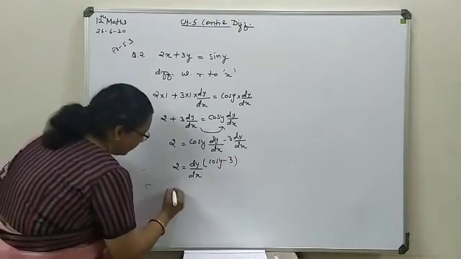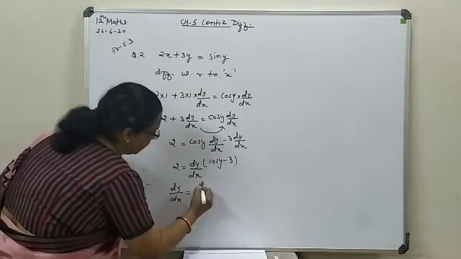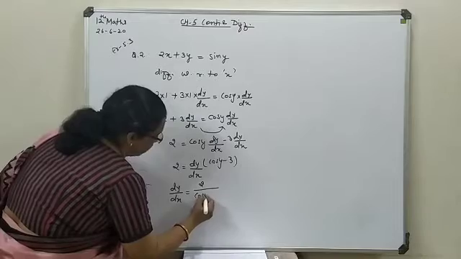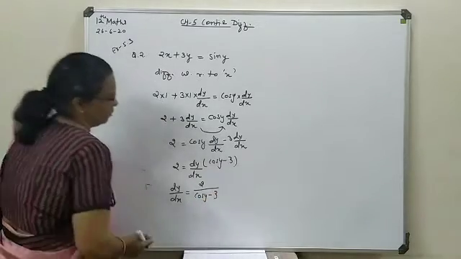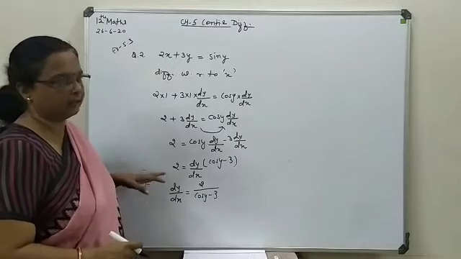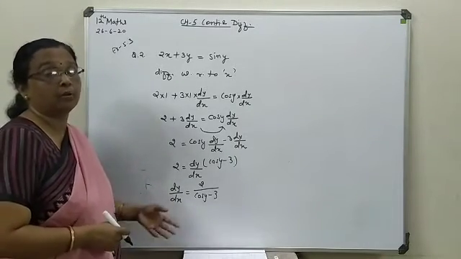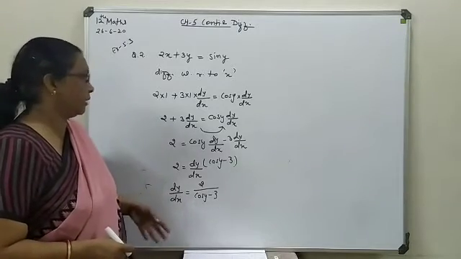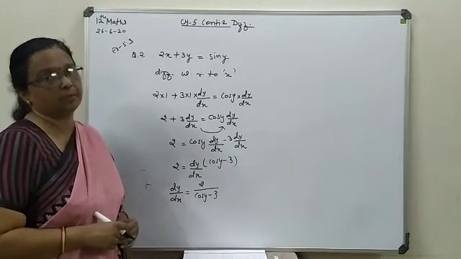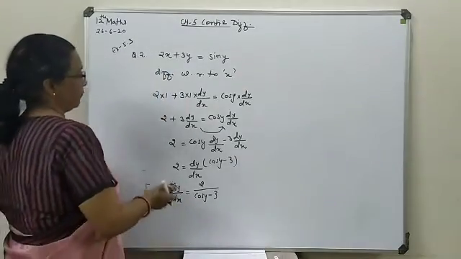Now from here, separating dy by dx, it will be 2 upon cos of y minus 3. After combining the terms of dy by dx, if you can produce any trigonometric form or write any formula, please go for that and try to write the shortest form if possible.